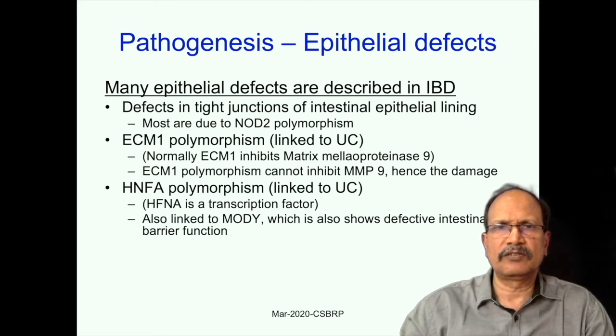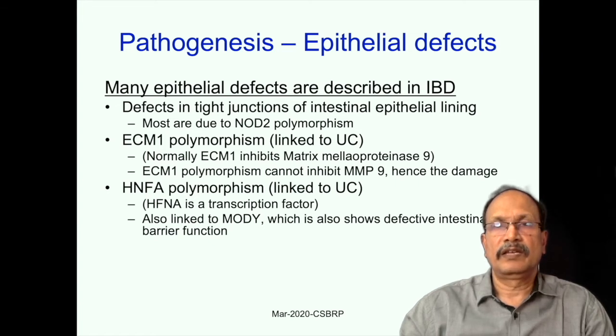So again, NOD2 polymorphism is responsible for this, and the ECM1 polymorphism is linked specifically with ulcerative colitis. This extracellular matrix protein 1 inhibits matrix metalloprotease 9 in a normal person. So any abnormality with extracellular matrix protein 1 may not inhibit matrix metalloprotease 9, and hence the damage will occur to the epithelium.